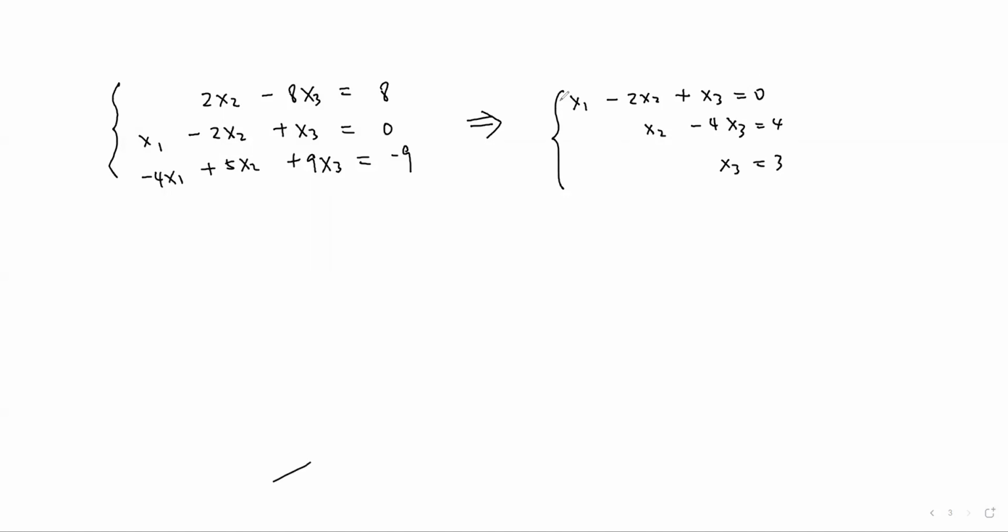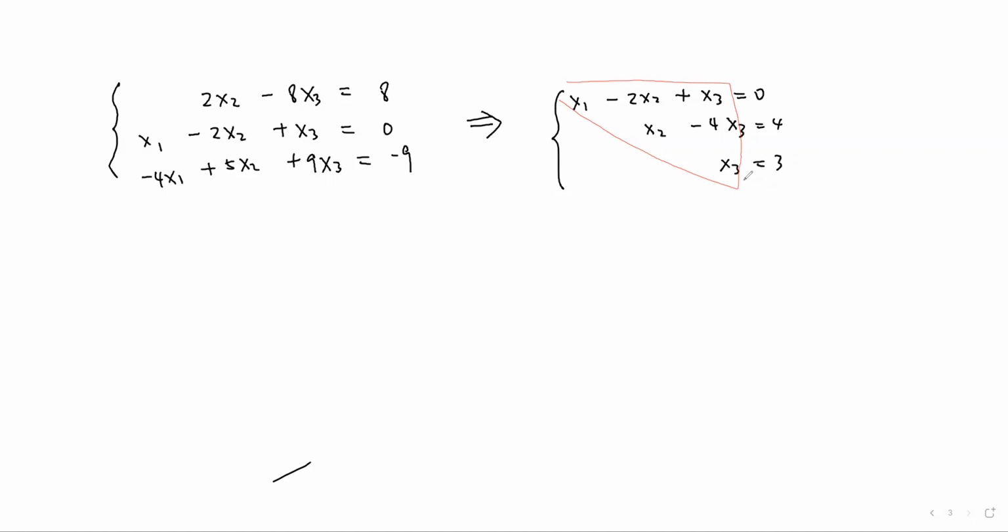Upper triangular. After we get the upper triangular linear system, you can use back substitution to get the solution.